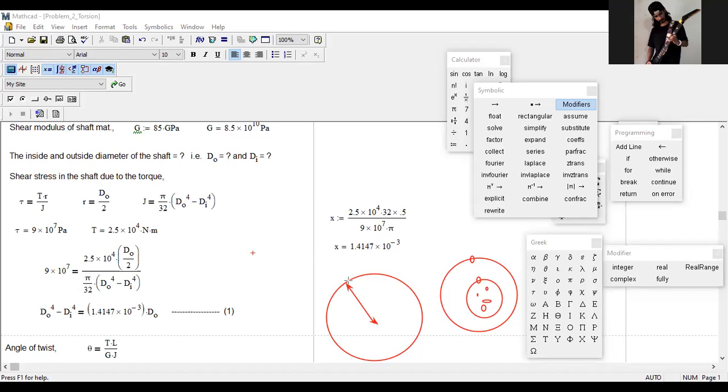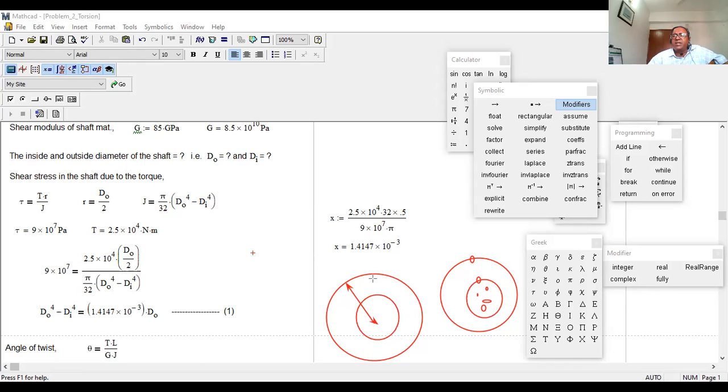But if there are two types of material, the inner material is one type and the outer material is another type of material. Now, your question is that there might be two types of material, a composite shaft, like this one. Inside might be soft material, outside hard material. In that case, you need to check both.